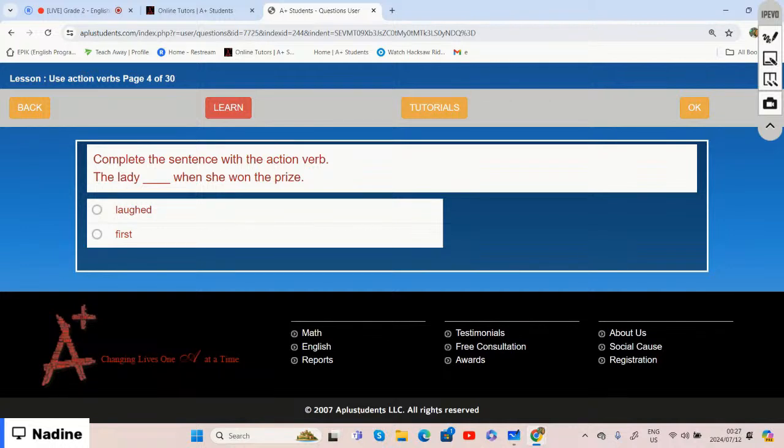Option one or option two? So do we say the lady laughed when she won the prize or the lady first when she won the prize? Something that the lady did.